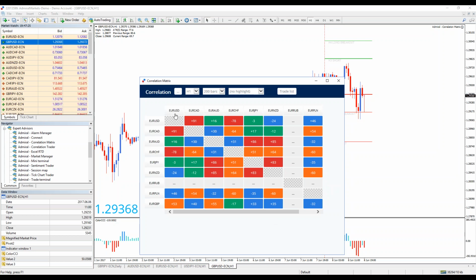Euro is going up. Well, you see, it's minus 24. It will go up, but then it will start to go down. And you might lose your euro New Zealand trade. So always watch for correlation, because correlation is what matters in forex trading.